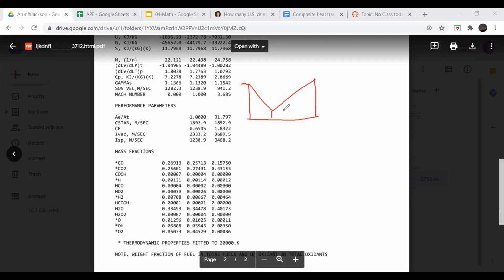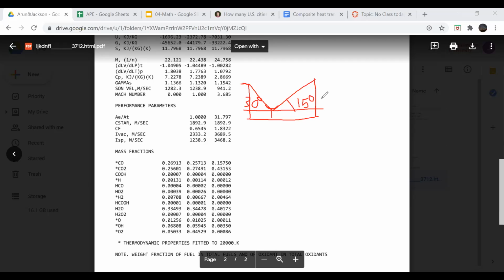I think the rule of thumb for a very simplified conical nozzle is to use half angles. I think it's 15 degrees on the exit side and 30 degrees on the inlet side. Is that right, Arun? Yeah. And then just kind of smooth out the throat.